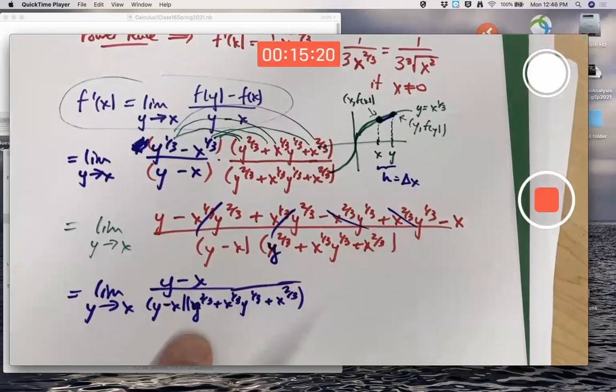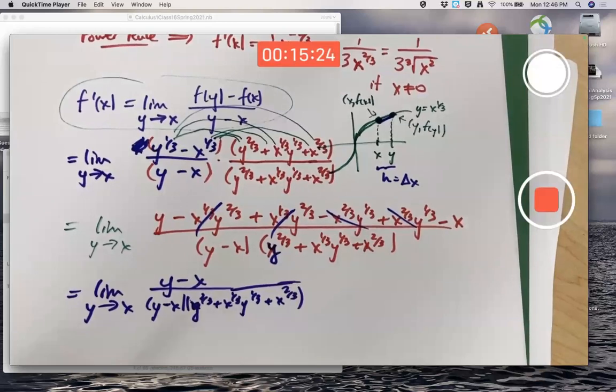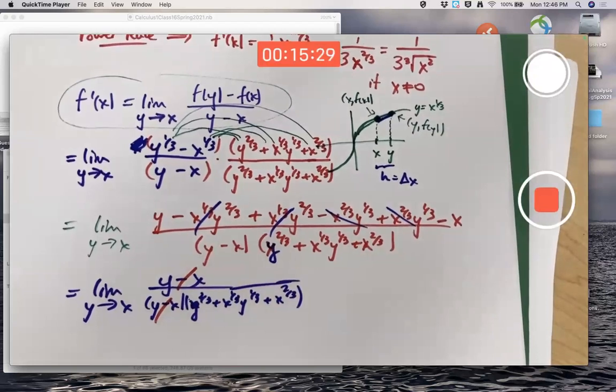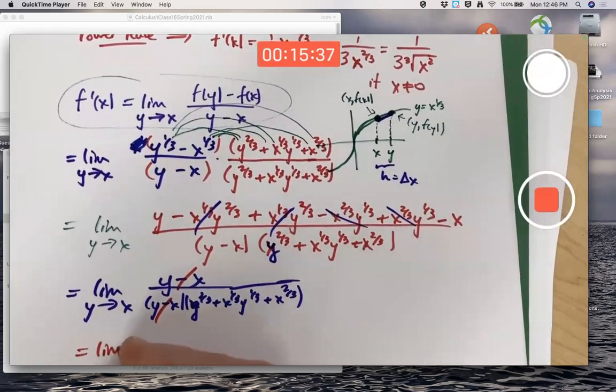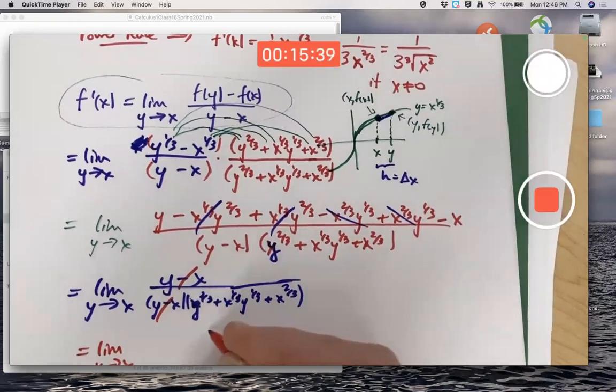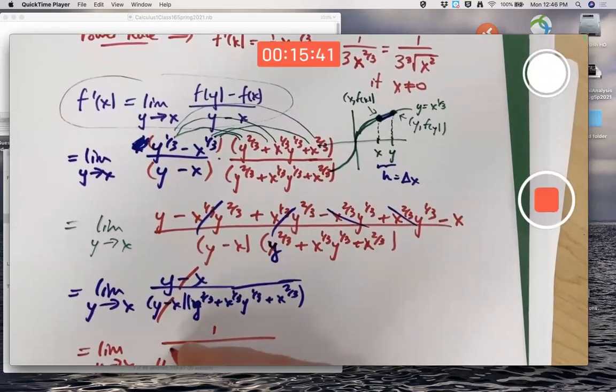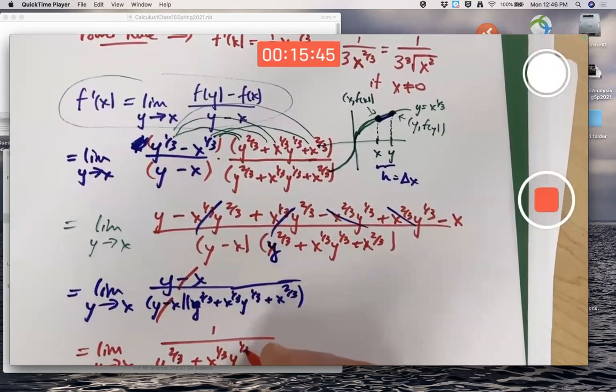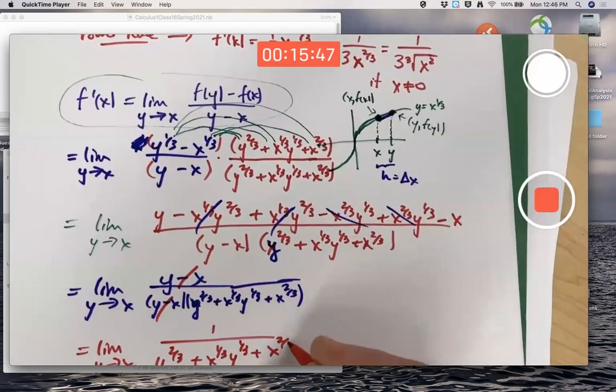That's a y there. Hey, we got lucky again. The y minus x here divides out with the y minus x there. Not to leave a 0, right? Because you're dividing out, but to leave a 1 instead. This is the limit as y goes to x of 1 over y to the 2/3 plus x to the 1/3 y to the 1/3 plus x to the 2/3.